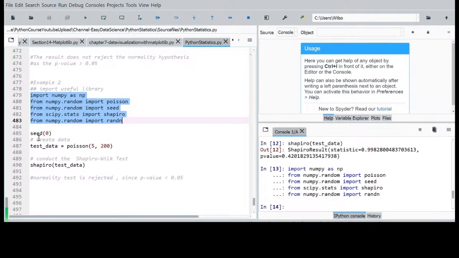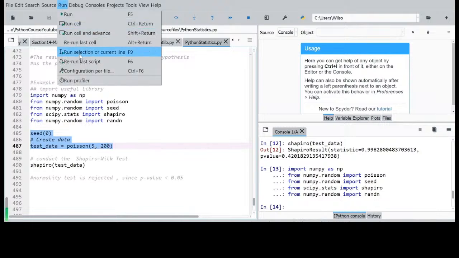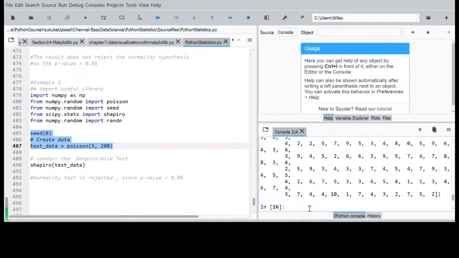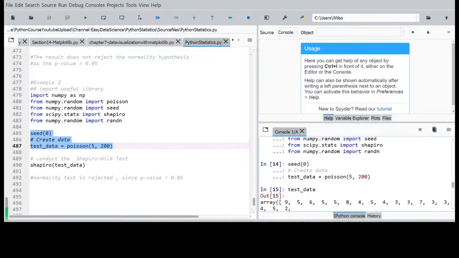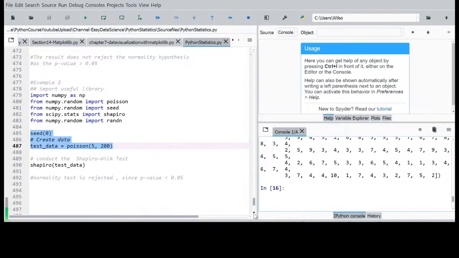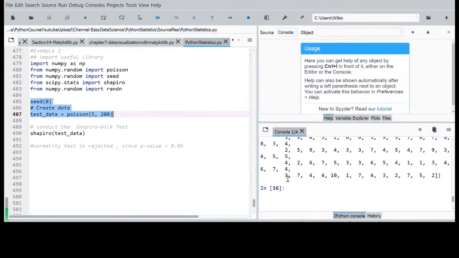This time we create test data, an array from the Poisson distribution with mean 5 and 200 random numbers. So the test data includes 200 discrete random numbers from the Poisson distribution, as the Poisson distribution is not normal and generates discrete random numbers.